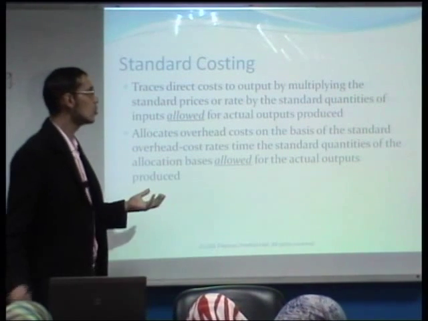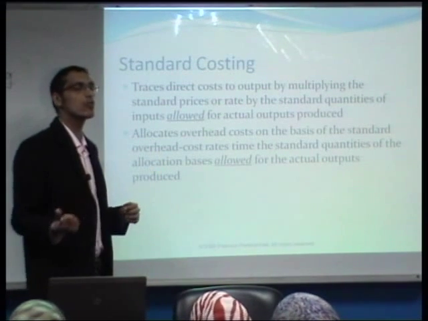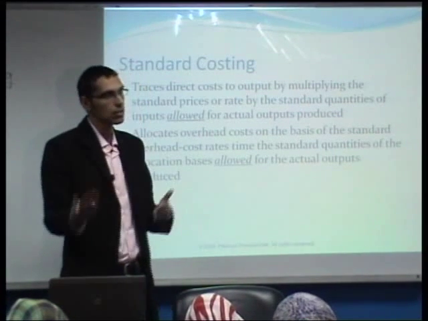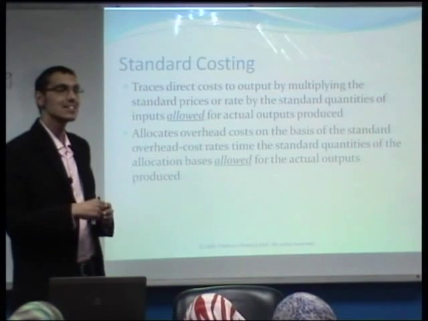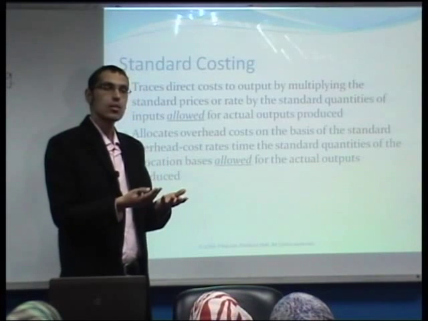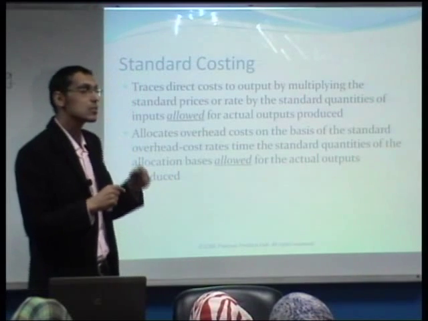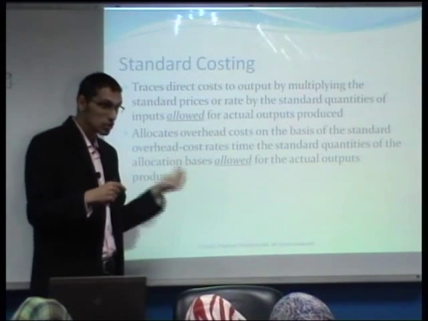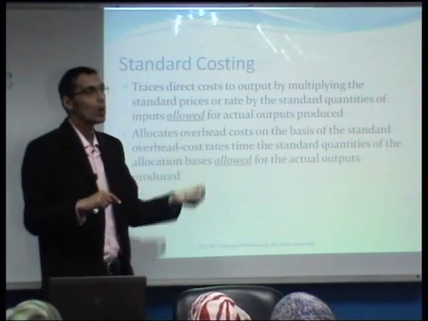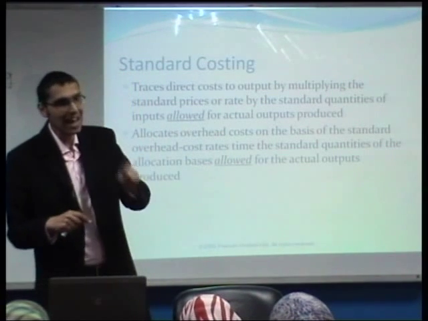Now we want to consider how we are going to use the standard costing for the variable manufacturing overhead and the fixed manufacturing overhead. And also we said in chapter number 7 that a standard costing system will allocate the manufacturing overhead expenses, the indirect costs, using the standard rates, the budgeted rates, as in the normal costing, but also using the standard quantities of the allocation base for the actual output.